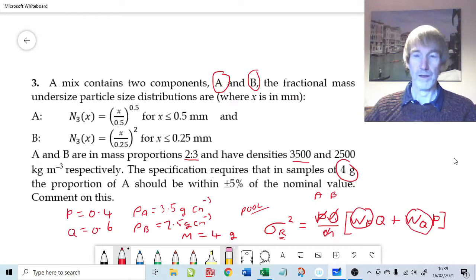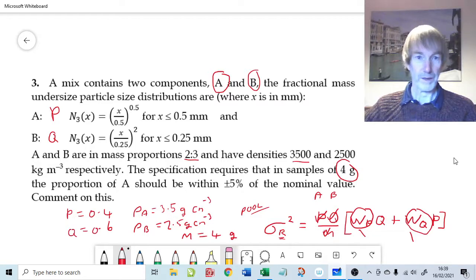And these are the average mass of a particle in component P or A, and the average mass in component Q, or as we have here, B. So this is the P material, this is the Q material, and you'll see that we're actually given a cumulative function.